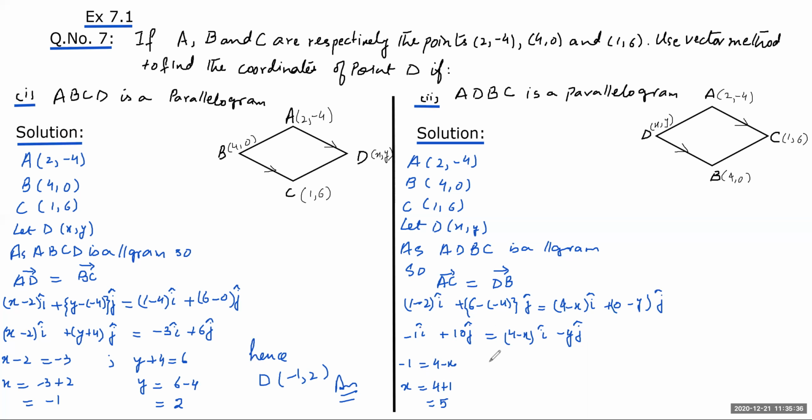And from here, comparing the coefficient of unit vector j, I get 10 is equal to minus y, so y is equal to -10. Hence, the coordinates of point D in the second part become (5, -10), and that is the answer.